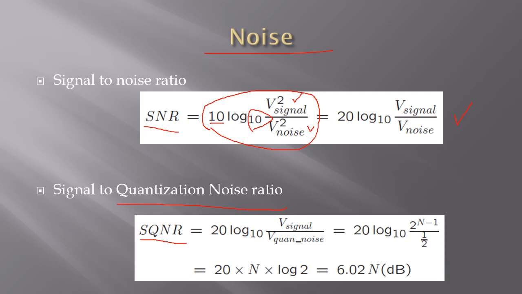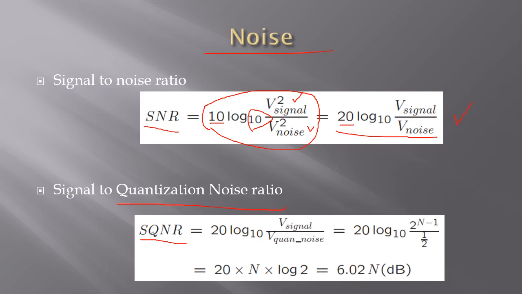Now the square can be moved to the front, so that in the second part of the equations, the expression becomes 20 multiplied by log 10 of the strength of the signal divided by the strength of the noise.